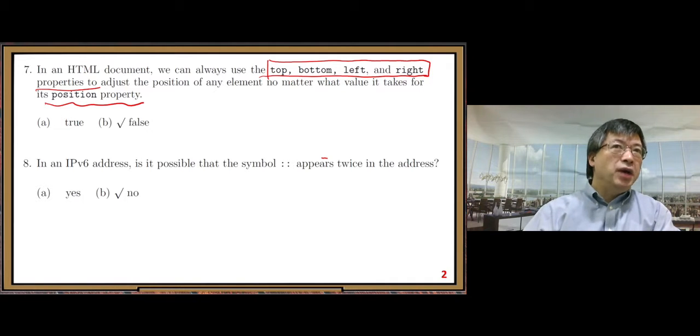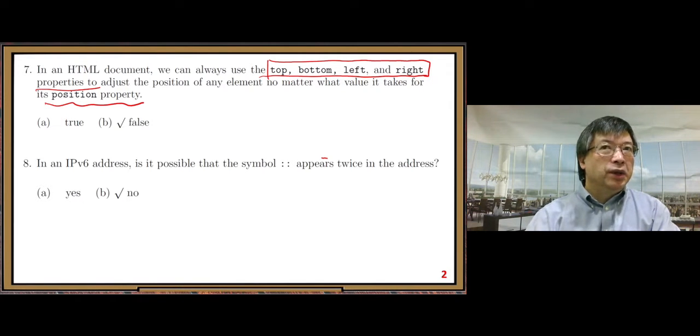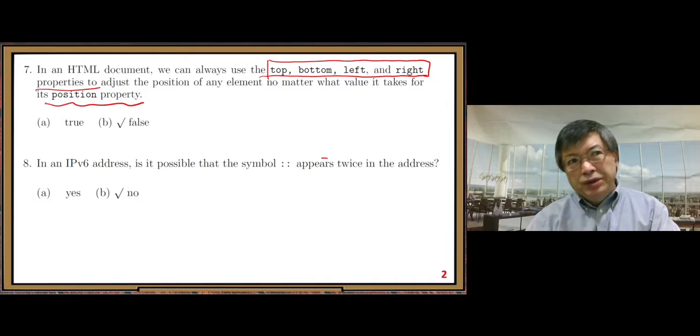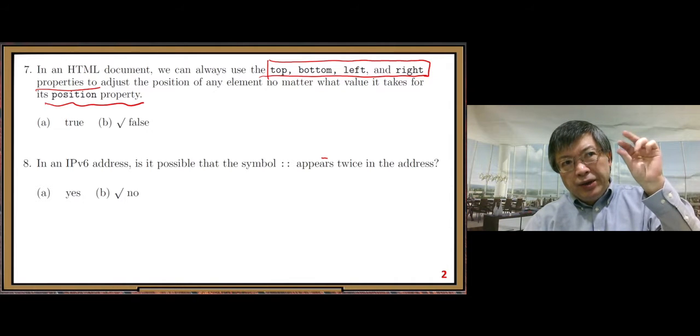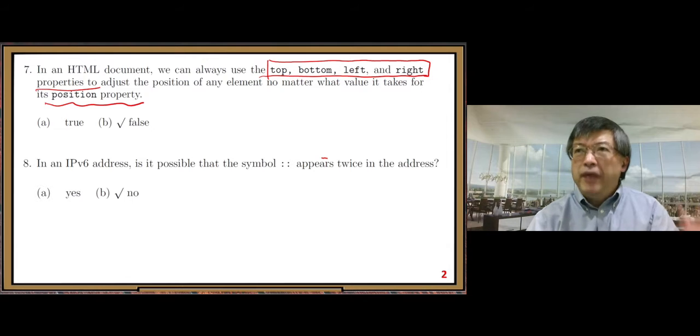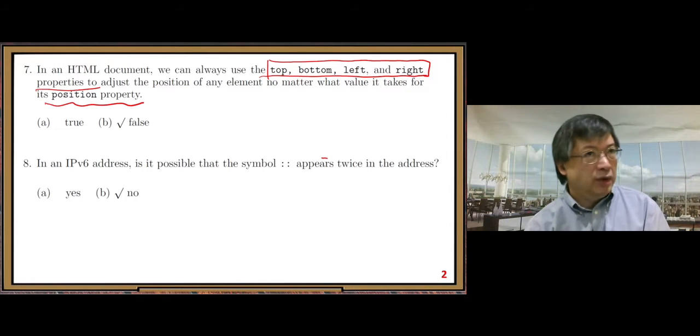But I do not want to go too far and make it much harder for you. So I just want to make it slightly different from that same homework question.